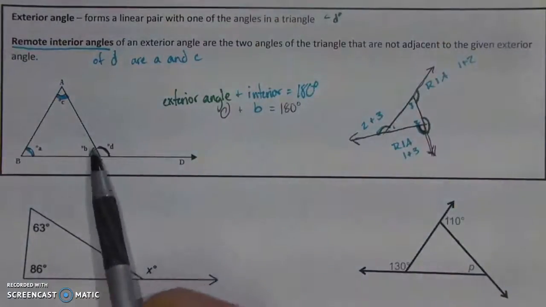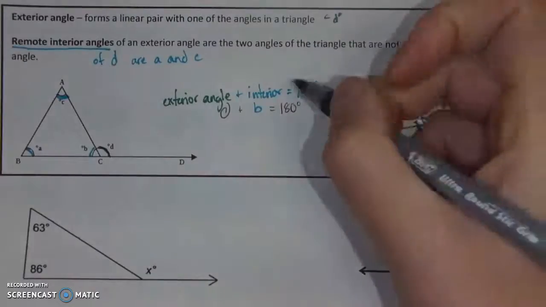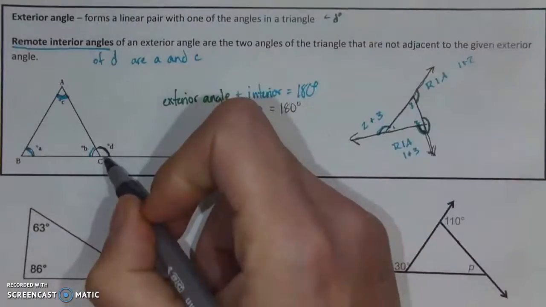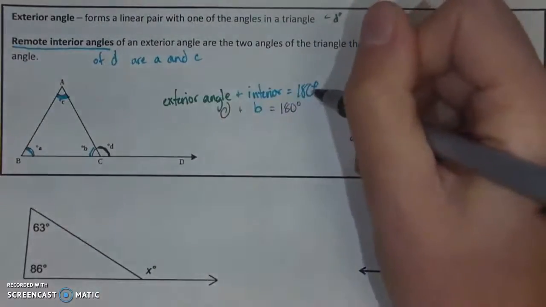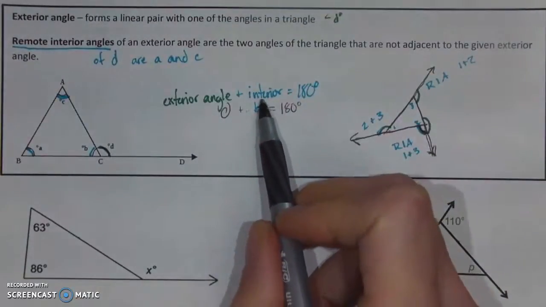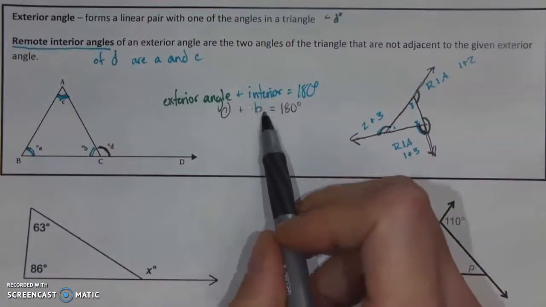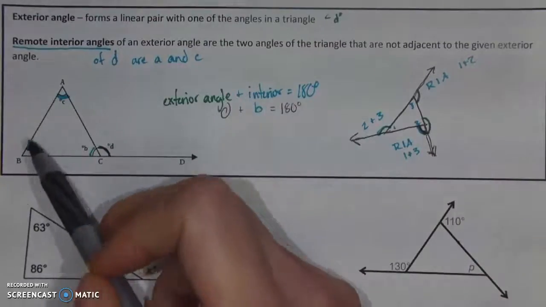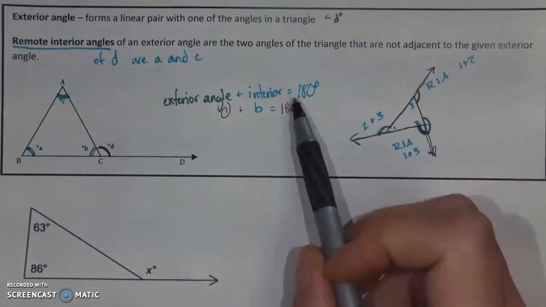But we also have another pattern here. Notice that since they both are equal to 180, I also know that this interior angle B plus A and C would give me 180.